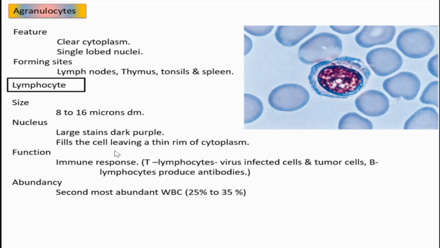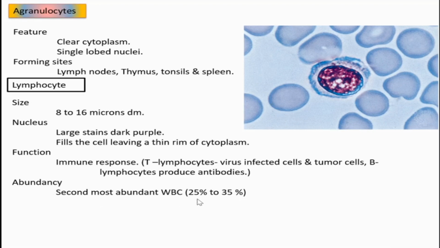Its function is mainly concerned with immunity, the immune response. Different types of lymphocytes are present: T lymphocytes and B lymphocytes. T lymphocytes attack the virus infected cells. B lymphocytes produce the antibodies in the body. Regarding its abundance, it is the second most abundant WBC.